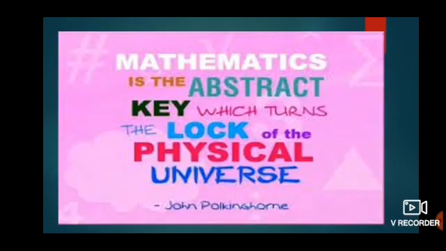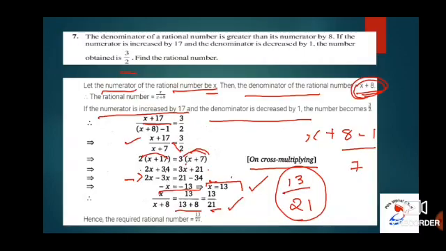Children, with this we are completing the second chapter, linear equations in one variable. Just a small recap, we will see what all we have discussed. To start with, we have discussed what is an equation, what is an expression, what are variables, what is a constant, what is the difference between equation and expression, and what is the method of transposing.